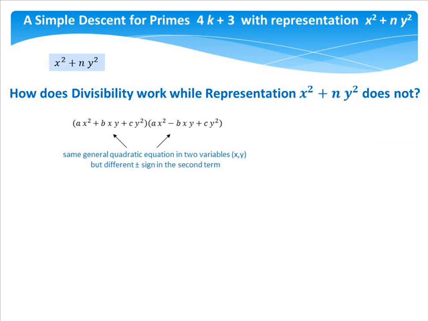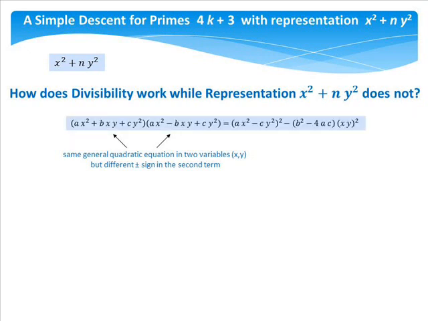Just as a warm-up, let's first examine the case of the product of two general quadratic equations which have the same coefficients a, b, and c, as well as the same variables x and y. However, they differ in the signs of the second terms. And that's precisely the expression x squared plus n times y squared, where n equals 4 times a times c minus b squared.